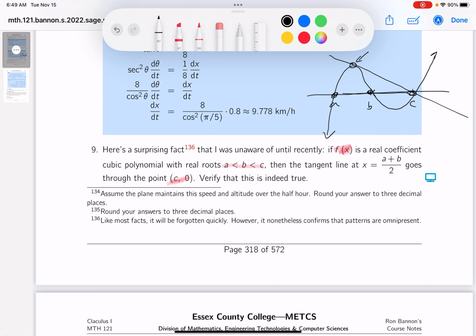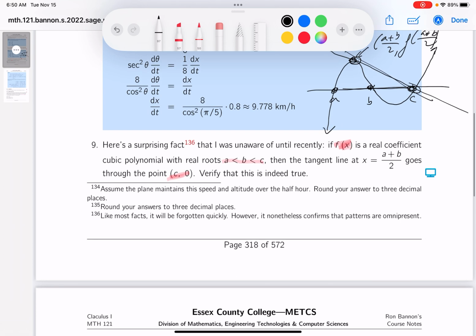But this point over here supposedly is going to be a plus b over 2, f of (a plus b) over 2. And what am I claiming? That the slope of the tangent line there is the derivative value at (a plus b) over 2, and it'll intersect the x-axis at c. So let's go through it and try to verify that this is indeed true.